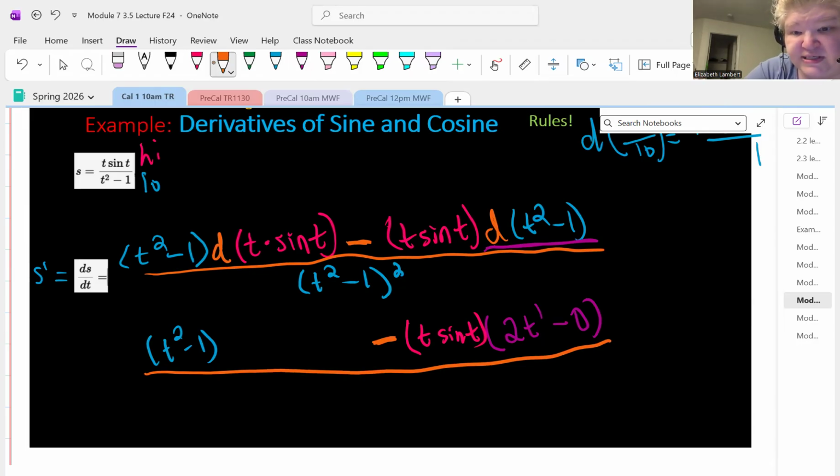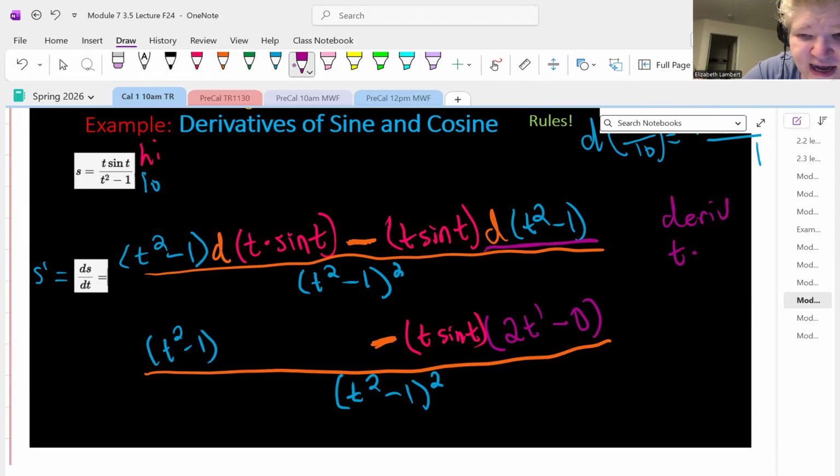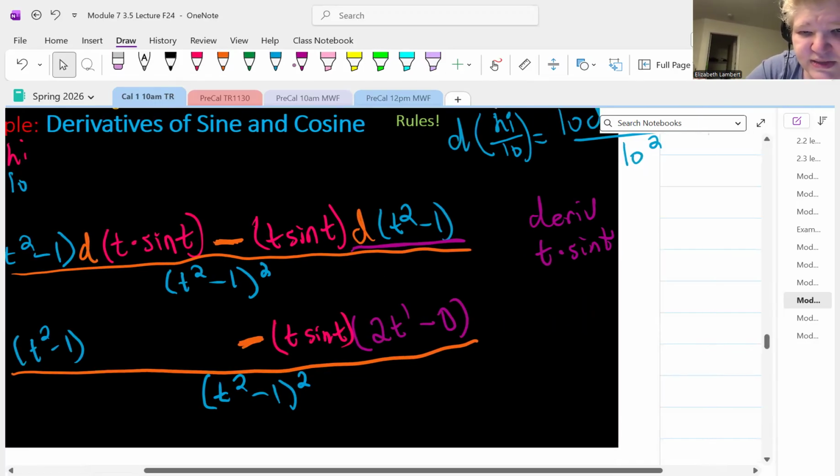If I'm afraid I'm going to lose a symbol, I'll go over it several times so it is very obvious on my paper. This is here. Don't forget it. And that's just because I'm very ADD. So now we've got to figure out the derivative of t times sine of t. So that's our sidebar here.